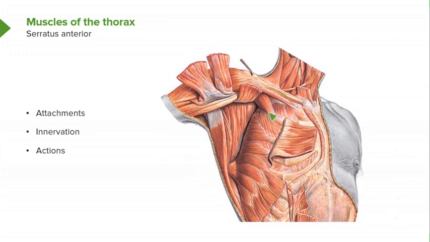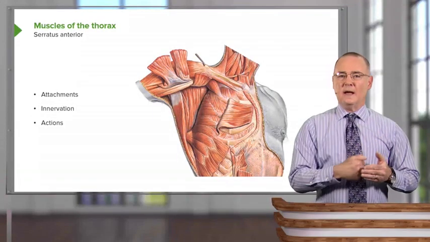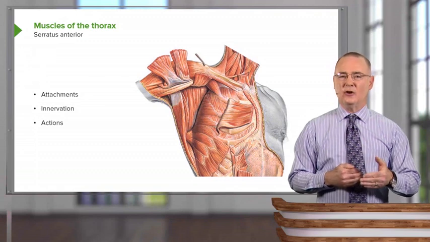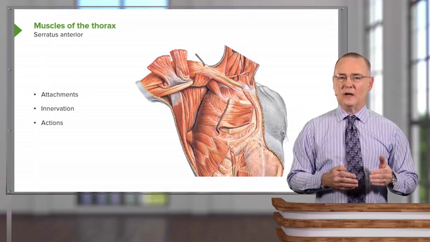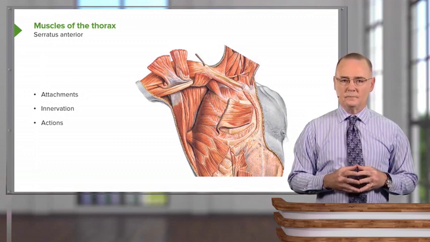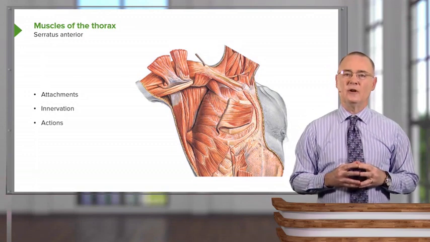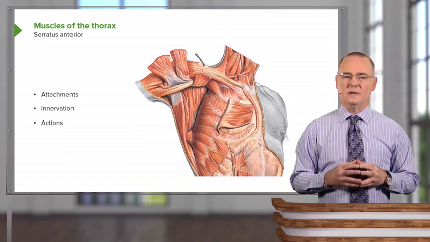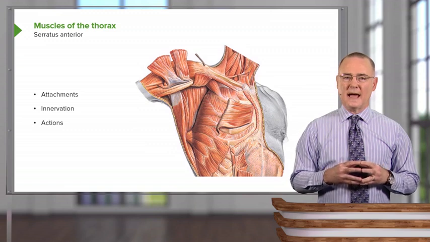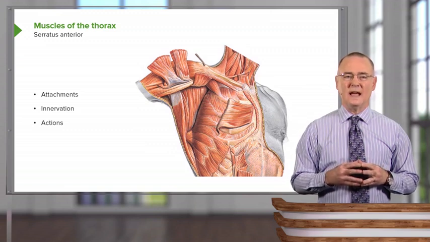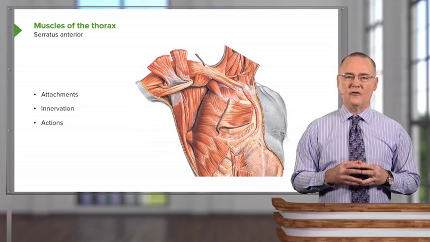The serratus anterior will wrap around the margin of your thoracic wall and then attach to the anterior surface of the scapula along its medial border. The serratus anterior is innervated by the long thoracic nerve, and the actions of the serratus anterior are as follows.